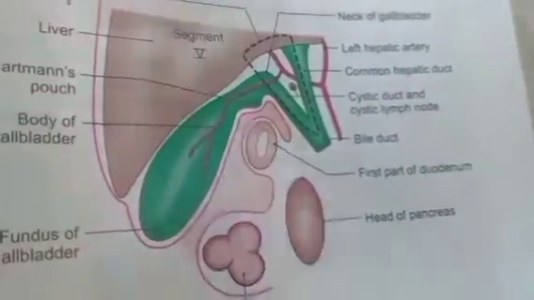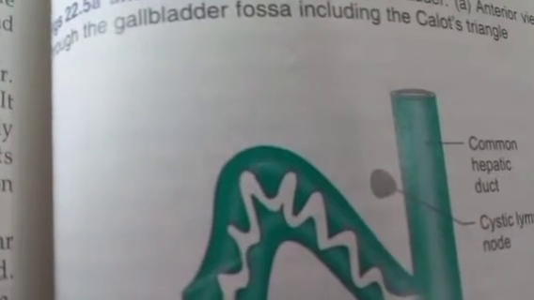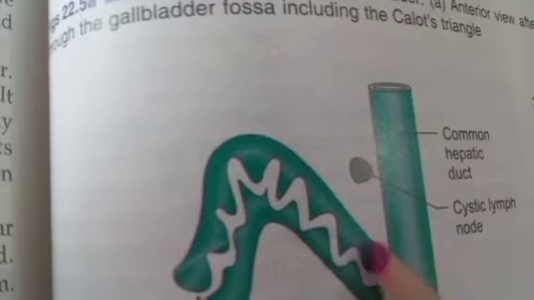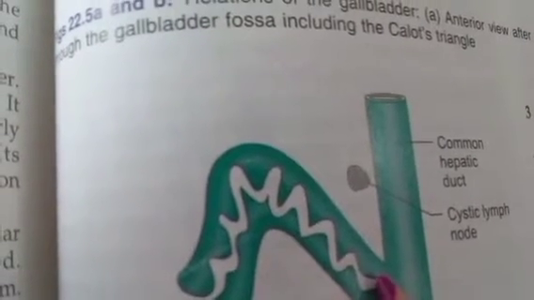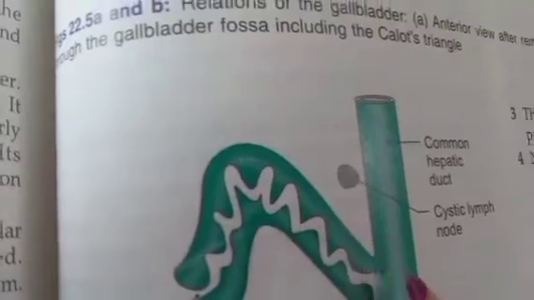The mucous membrane of the cystic duct forms a series of 5 to 12 crescentic folds arranged spirally to form the spiral valve of Heister.